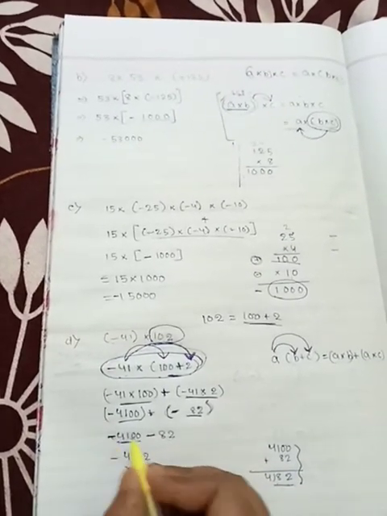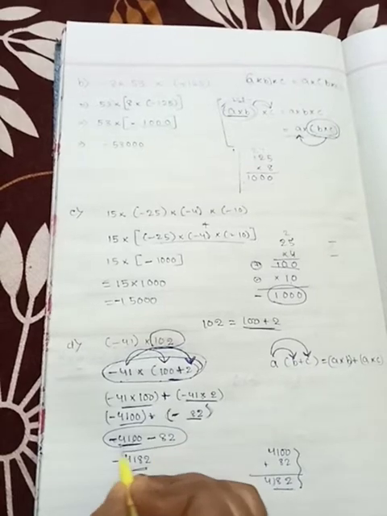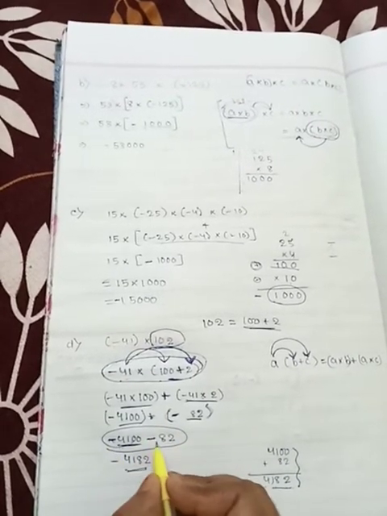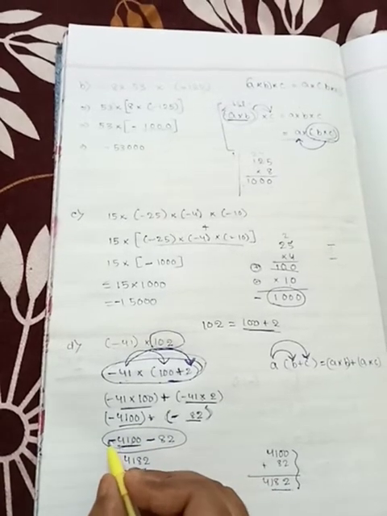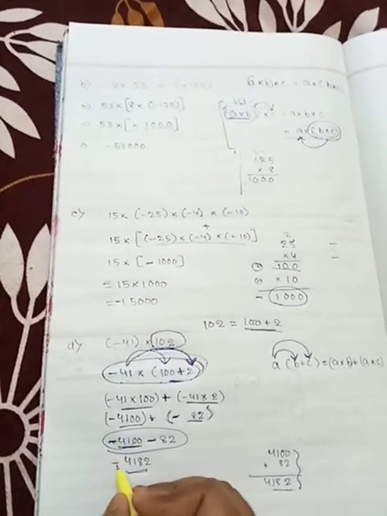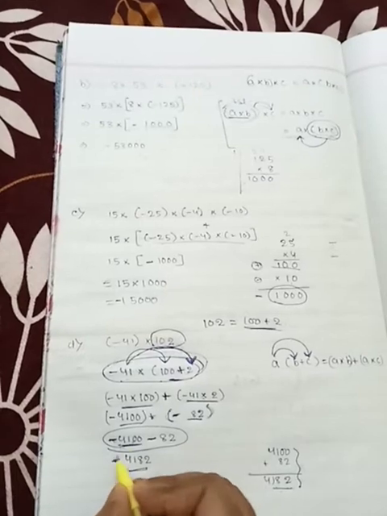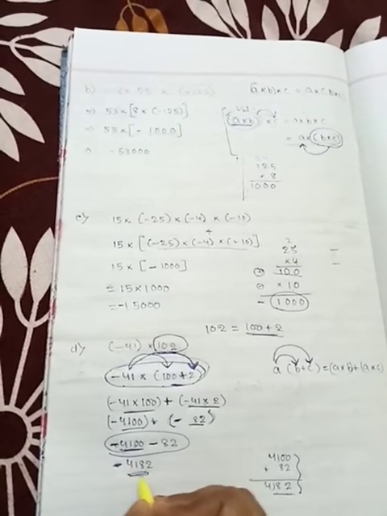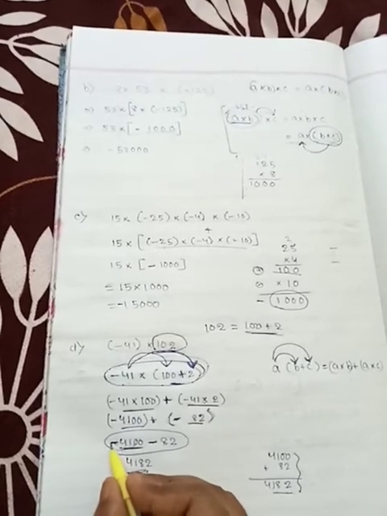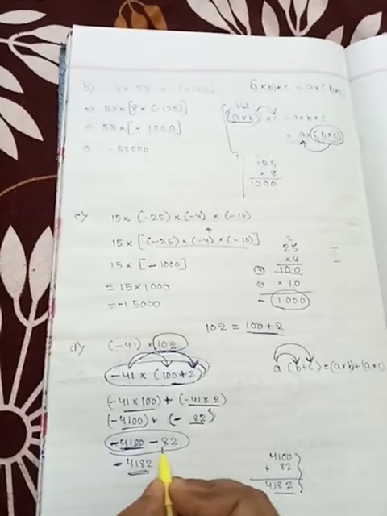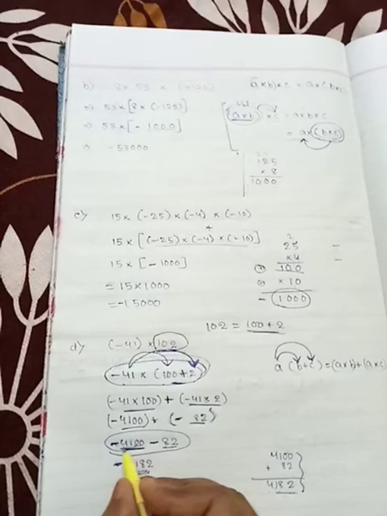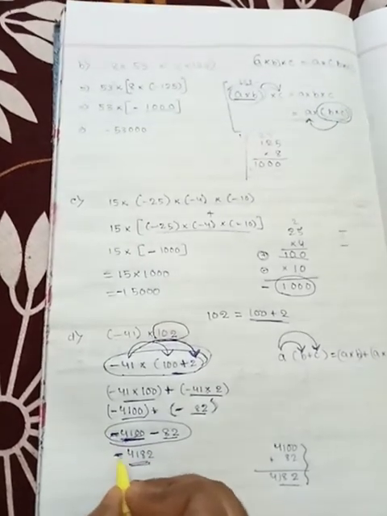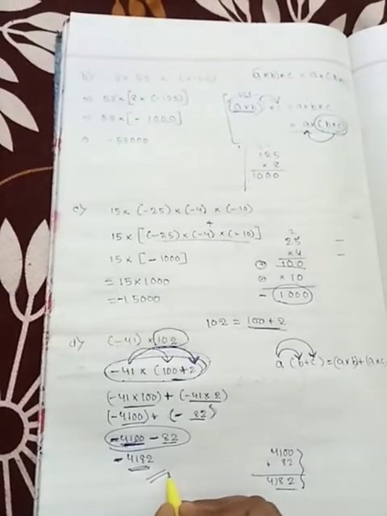You just see here, this is in the form of addition and subtraction. There is no multiplication sign over here. So we have to write the negative sign from the greater number. Comparing 82 and 4100, 4100 is the greater one and it carries a negative sign. So we put here the negative sign.